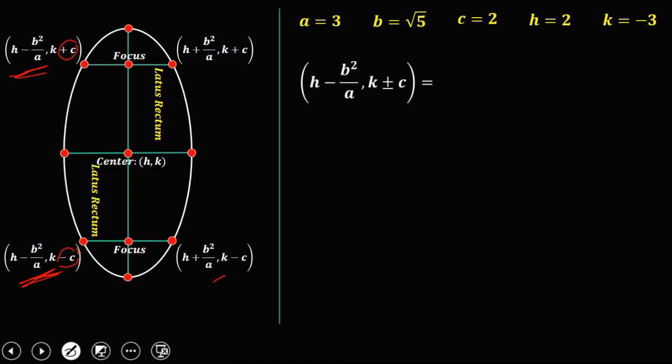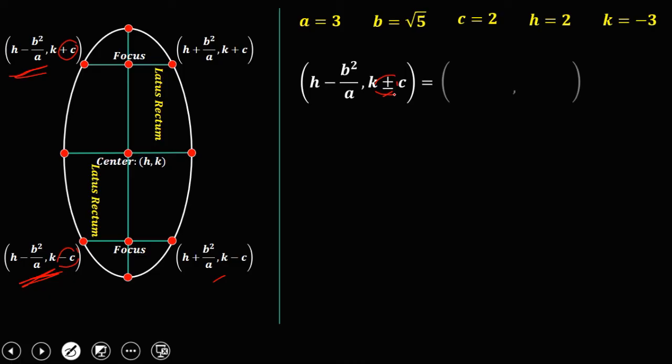Now, since the ellipse is in vertical form, these are the formulas we're going to use to solve for the latera recta. Take note that we can combine these two formulas, the plus c and the minus c. So this is now the formula, with plus and minus c.